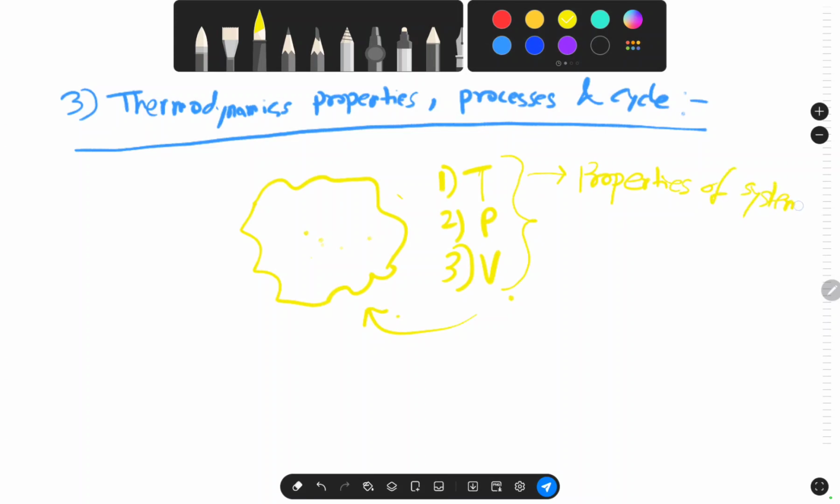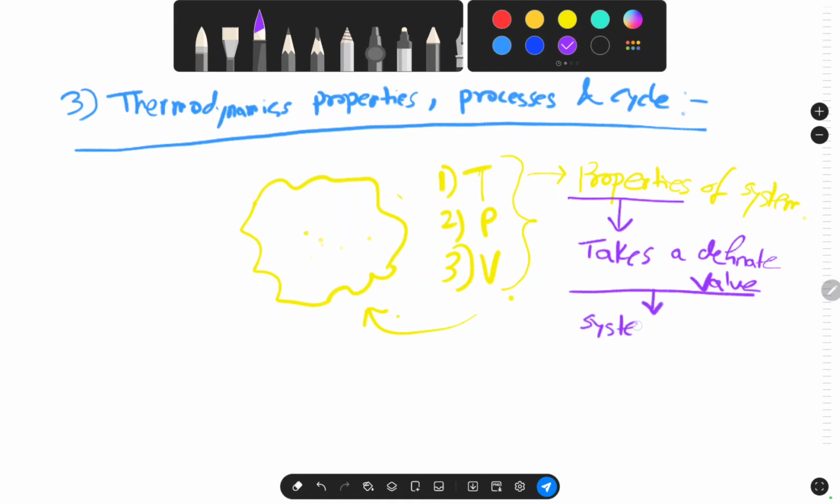Now when these properties take a definite value, then we say the system exists in a particular state.